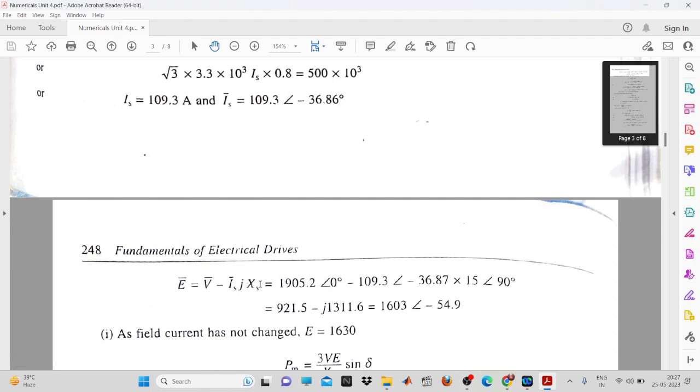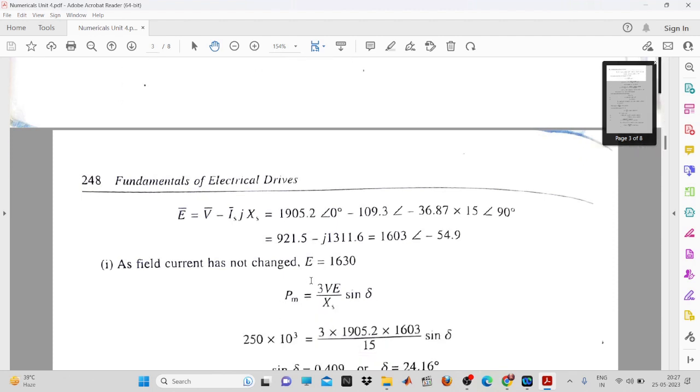Here 1905.2 means that I have taken the per phase voltage. Don't write three phase here, that would be the line voltage, because we have taken into account the per phase equivalent circuit, as we have assumed that the three phases of the synchronous motor are balanced. So all the equivalent circuits are the same only, otherwise you will have to draw all the equivalent circuits and calculate the excitation for each one. Fine, so for simplicity we have done this.